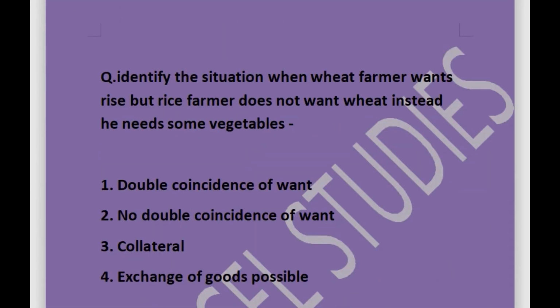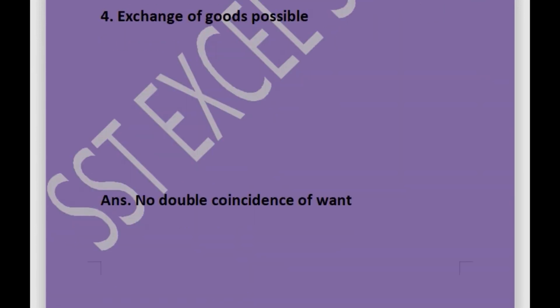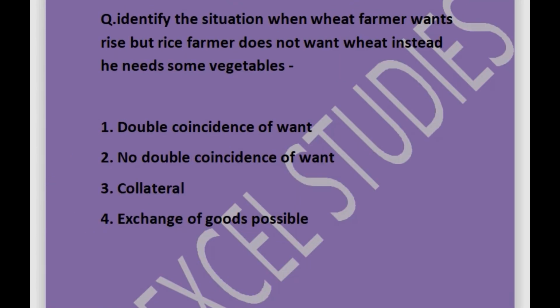Next question is, identify the situation when wheat farmer wants rice, but rice farmer does not want wheat, instead he needs some vegetables. Options are double coincidence of want, no double coincidence of want, or collateral, or exchange of goods possible. Answer is no double coincidence of wants.